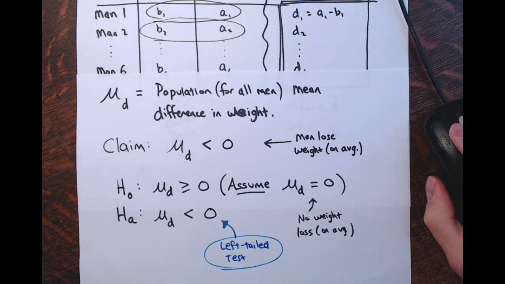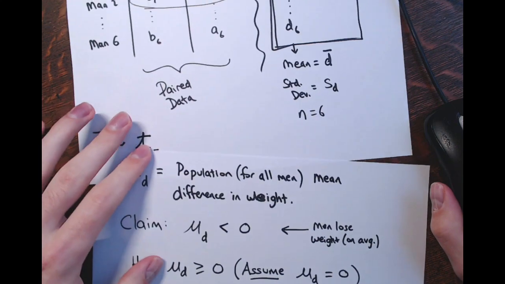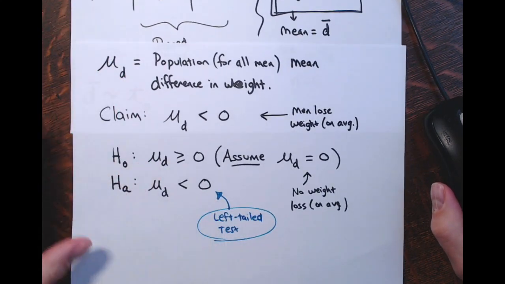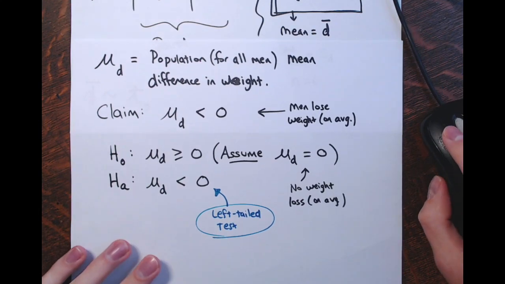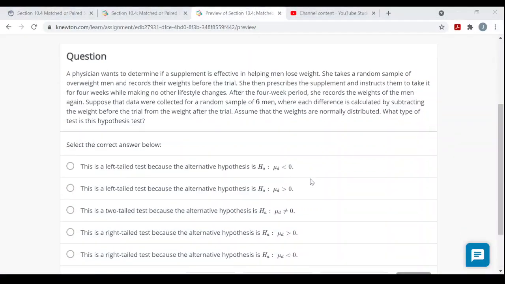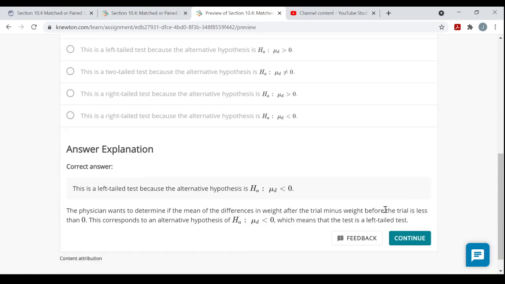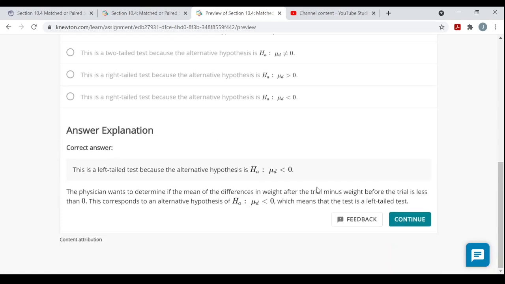So when I set up a rejection region later under this student's t-distribution with 5 degrees of freedom, it's just going to be on the left side, a left tail rejection region. So the first part, left tail test, because mu d is less than 0 is the alternative. That's that first option there. Wonderful, and read your answer explanations, please, just to make sure you know what's going on.